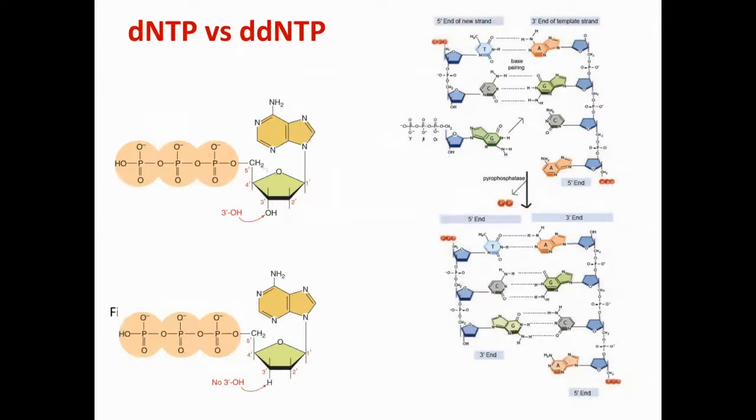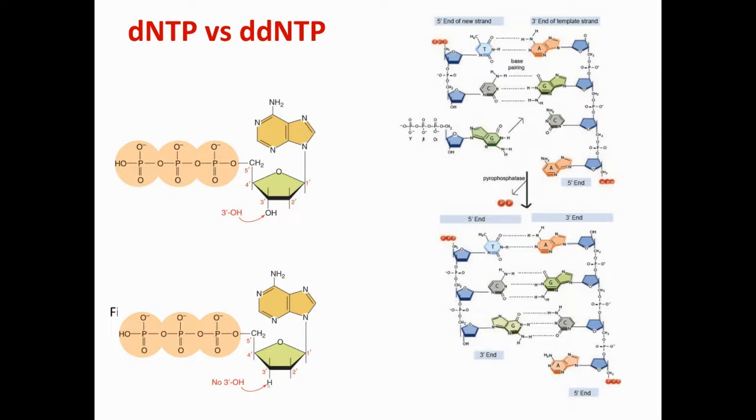As you remember, the deoxynucleotide has a 3' hydroxy group here. But for chain termination sequencing, you have to use a dideoxynucleotide. Dideoxy means the 3' hydroxy group has been replaced by a hydrogen, so this oxygen has been removed and it's only hydrogen here.